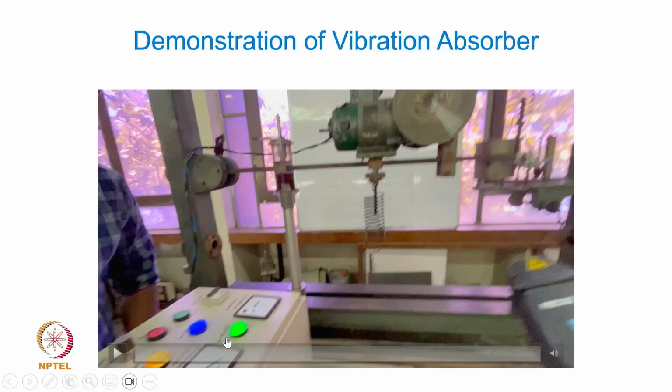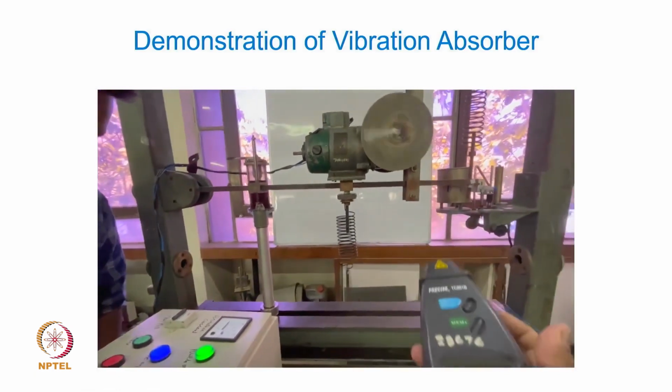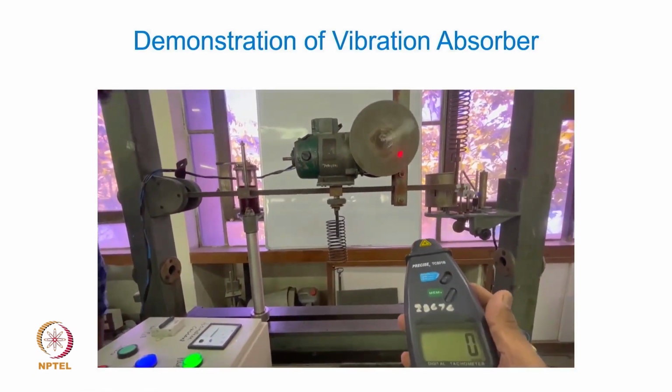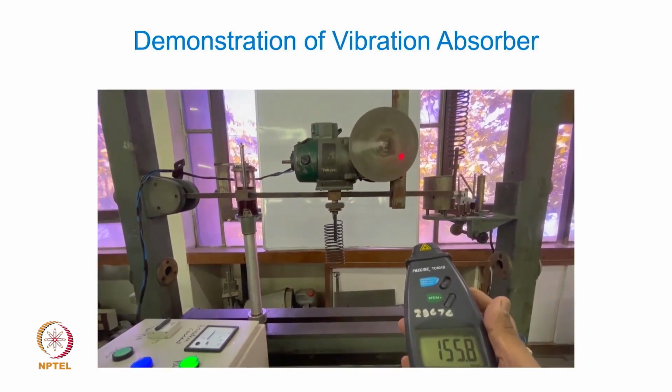So what you now notice is that to this motor and the beam, we have attached a small spring here, and we shall see how attachment of this absorber system brings down the vibration amplitude to a reasonably low level. So again, we bring it to resonance.